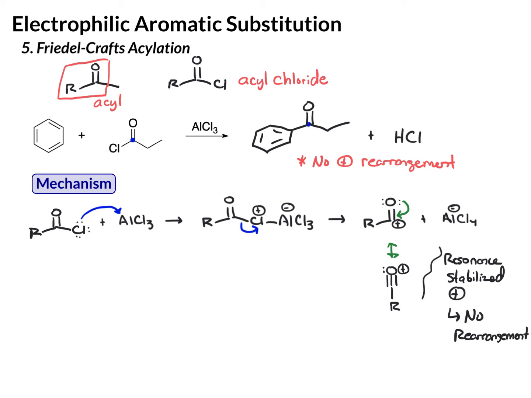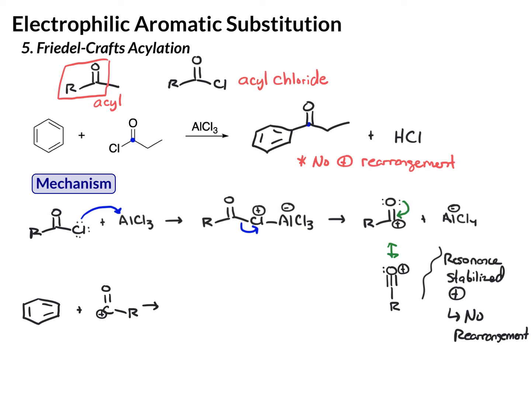Now that we have our active electrophile, we can react that with benzene. So let's come over here to the bottom left. Draw in benzene. I'll react that with my active electrophile. Again, even though this is linear, I'm going to draw it bent just so that it's in the form that it will be in the final product.